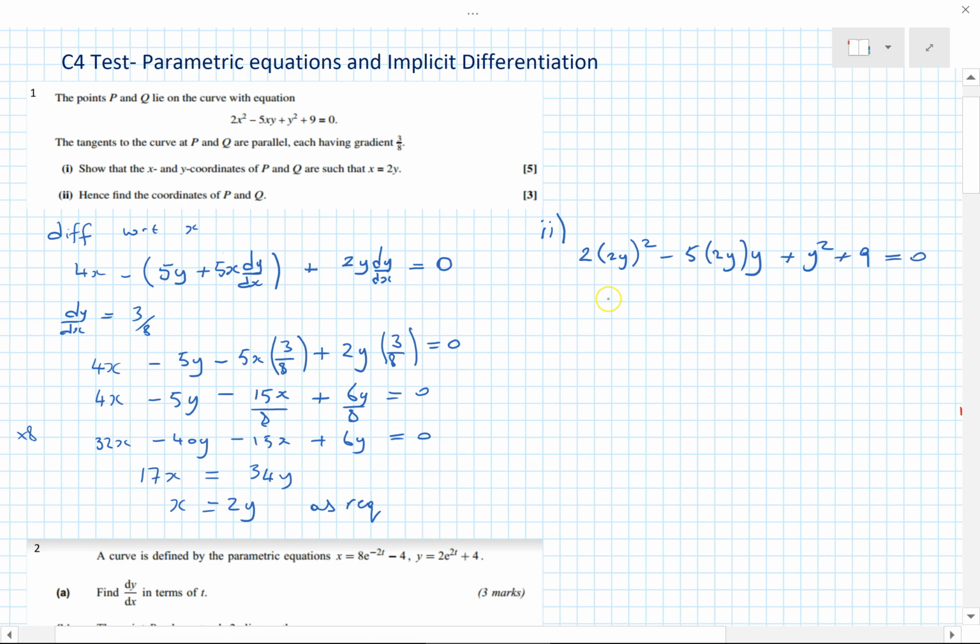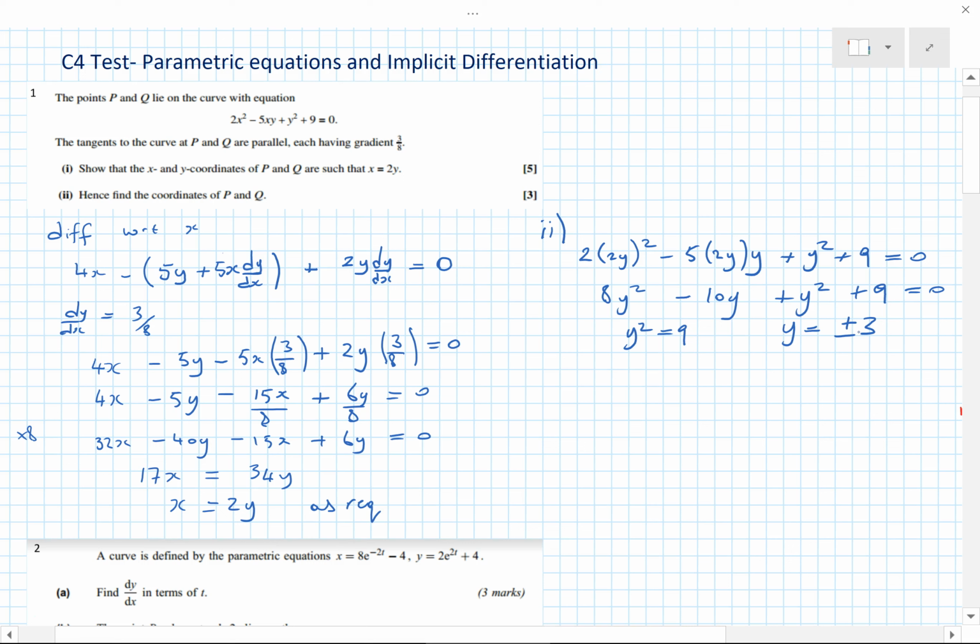So that gives me 8y squared minus 10y squared plus y squared plus 9 equals 0. That then breaks down to y squared equals 9, which gives me y equals plus or minus 3.